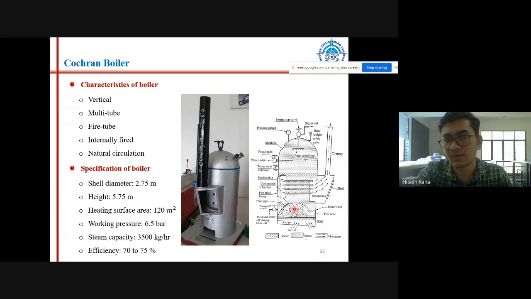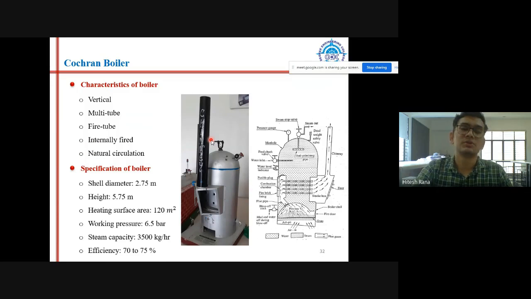And here we are firing the fuel inside the boiler shell. In this silver colored shell, we are burning fuel. So that is why it is called an internally fired boiler, and this is also a natural circulation boiler.